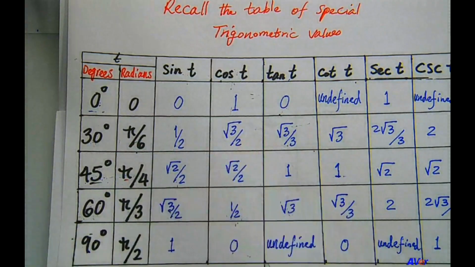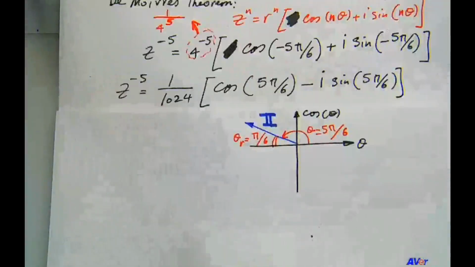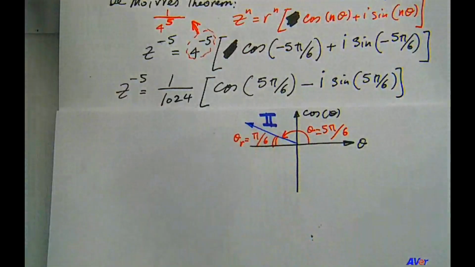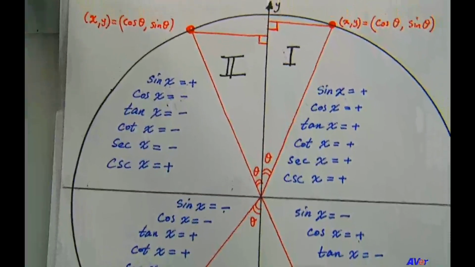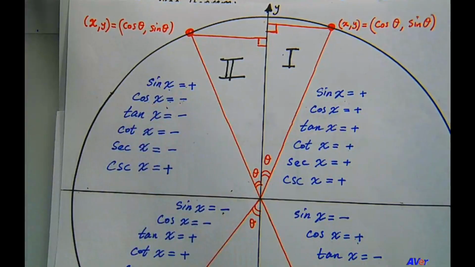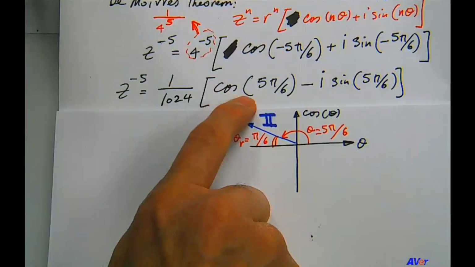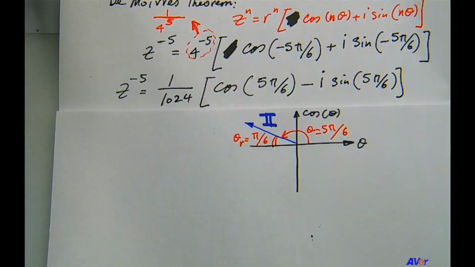But remember, these are all in the first quadrant. For this problem, we're in the second quadrant. In the second quadrant, the value of cosine is negative, so that would be minus square root of 3 over 2.